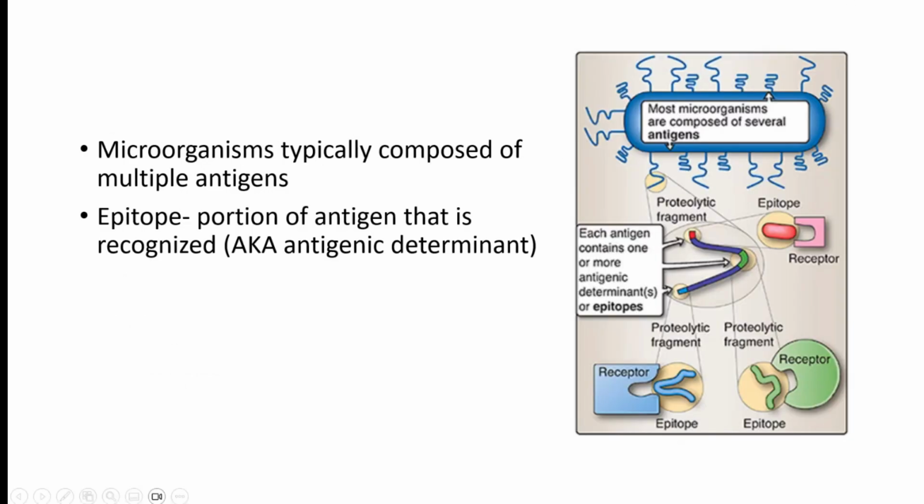So when we build on that understanding, the microorganisms, so these bacteria or viruses, are often composed of multiple antigens, if I use that context of the word to mean a part of. So if you look at my diagram here at the top, that oblong shaped thing is supposed to be a bacteria.